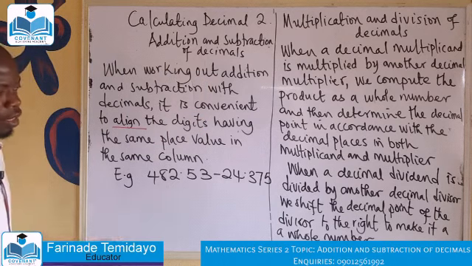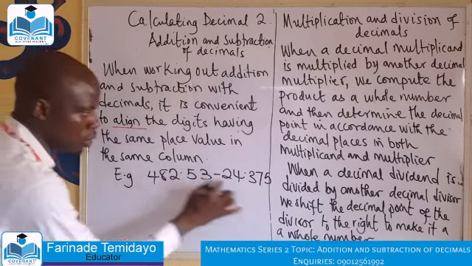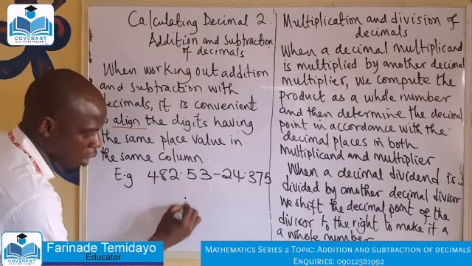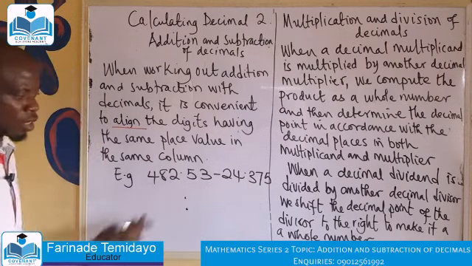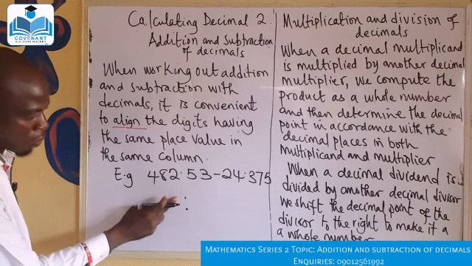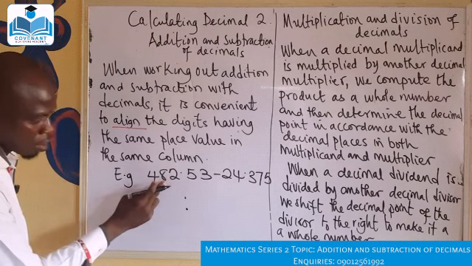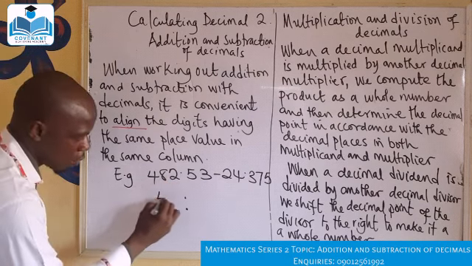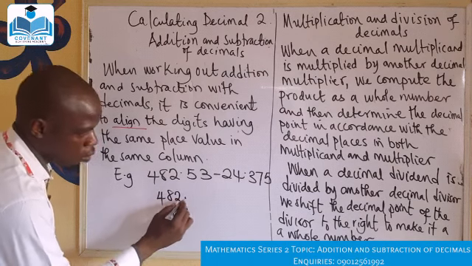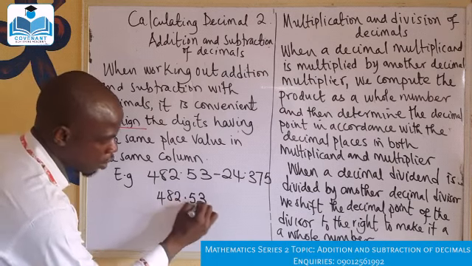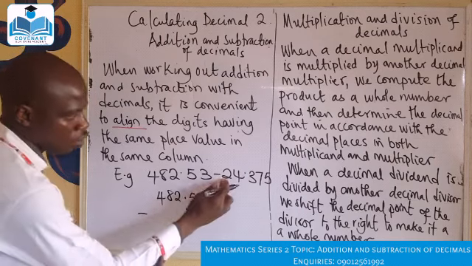Now, as you can see, for you to subtract these numbers, you are going to consider the same thing. You are having two decimal points there. In your first number, what do you have? This is your unit, your tens and hundreds. So you have 482.53.